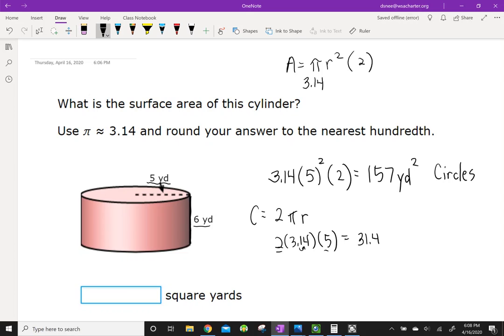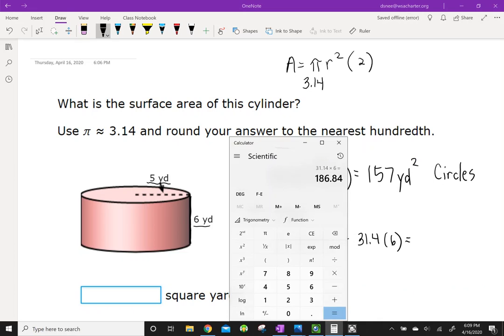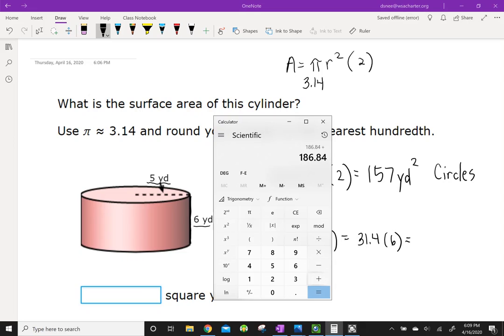And remember, I need to multiply by the height to get the area of that rectangle. So I'm going to go back here, and I'm going to multiply that by 6, and that equals 186.84. And I'm going to add 157 to that because I have 2 circles and 1 rectangle.